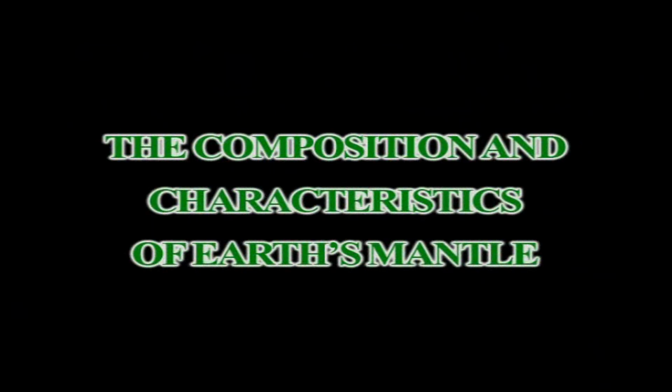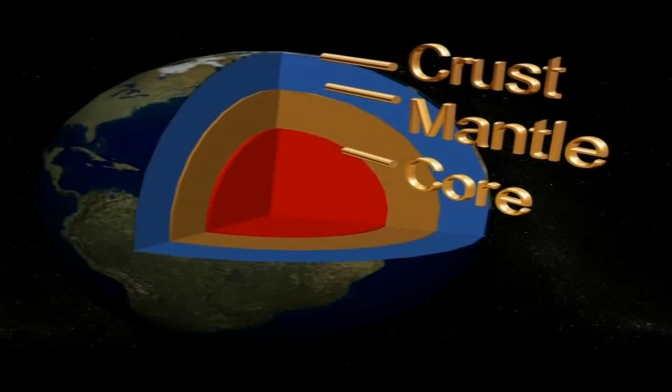Now let us come to the second zone of the Earth's interior, namely the composition and characteristics of the Earth's mantle. Between the topmost lithosphere, that is the crust, and the inner core lies this zone of Earth's mantle. We have to go back to figure number 1, where you can clearly see how the thinnest outer layer, like a line, and the core enclose a vast zone that constitutes the mantle.